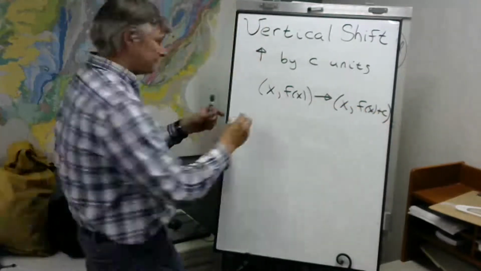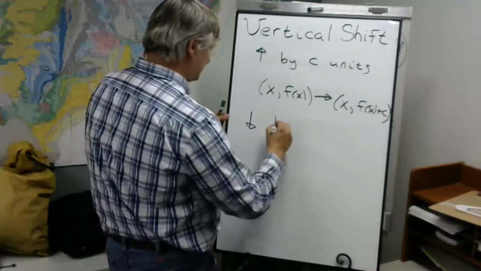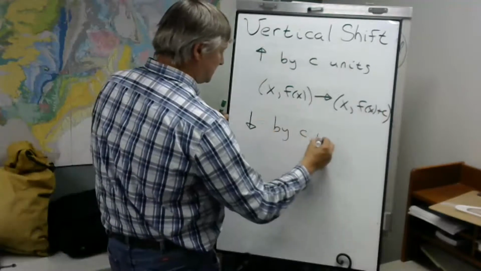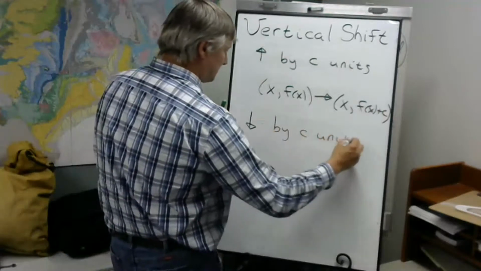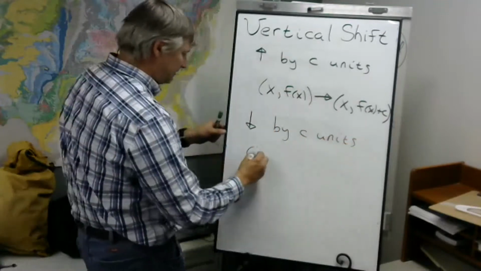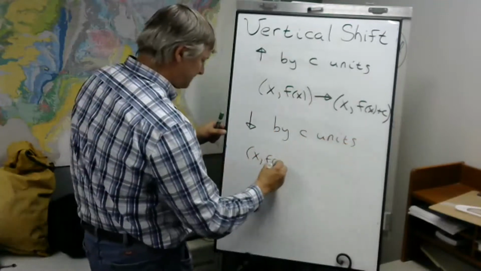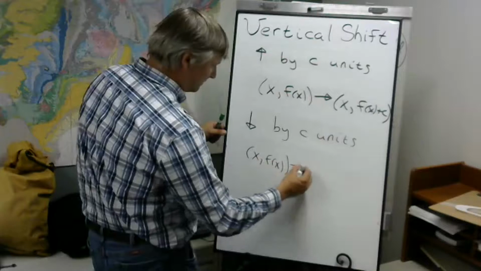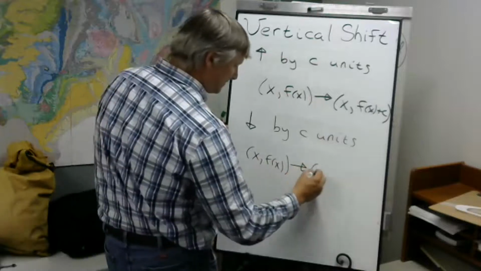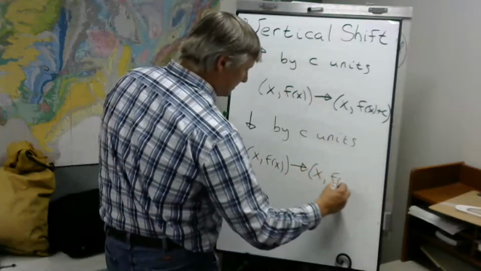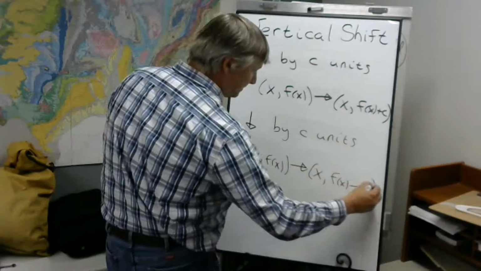And if we're going to shift down by c units, well then x, f of x becomes x, f of x minus c.